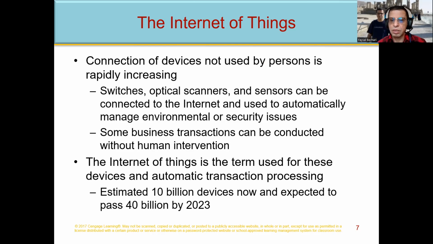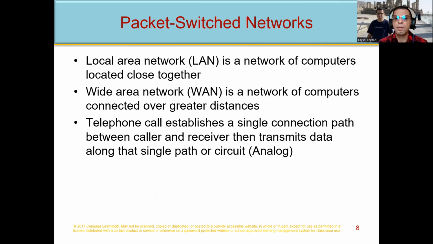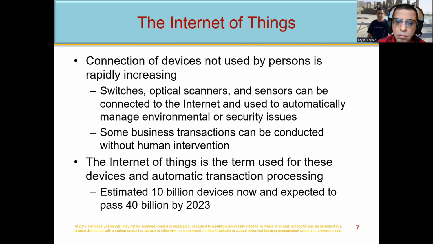The Internet of Things is the term used for these devices and automatic transaction processing. It's estimated at 10 billion devices in the market, and it has passed that amount too. 40 billion devices, to be correct.